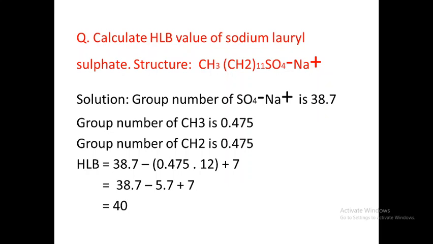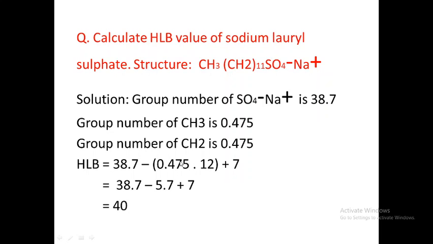So just put the values in this equation. Only one sulfate sodium ion, so just 38.7 minus the summation of group numbers of lipophilic groups. Here a total of 12 groups contribute to the lipophilicity.